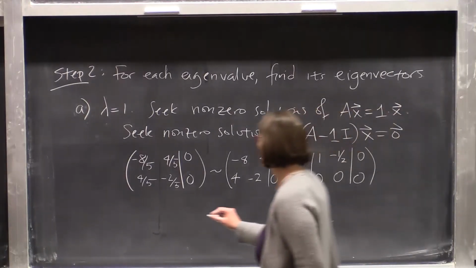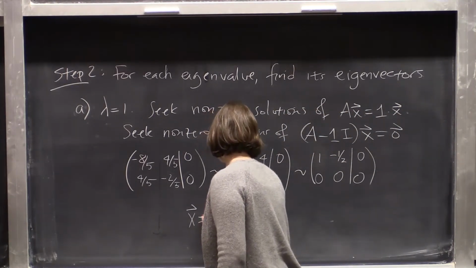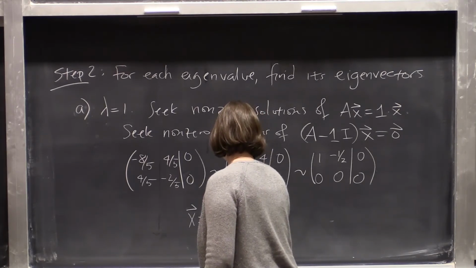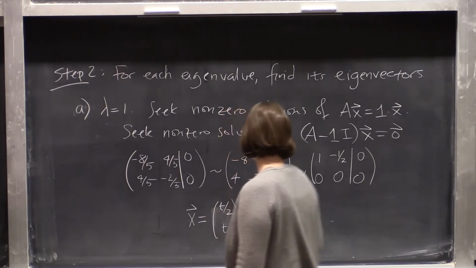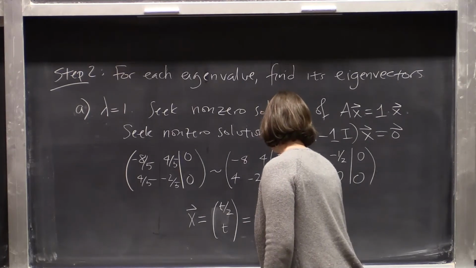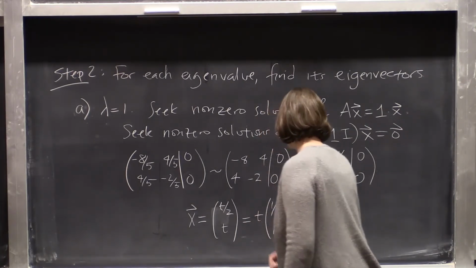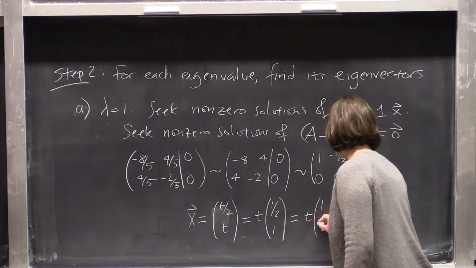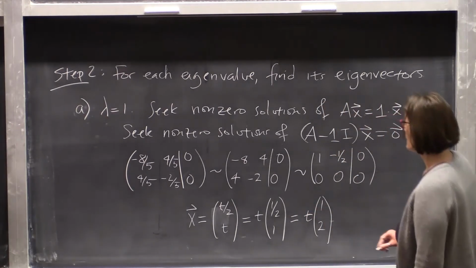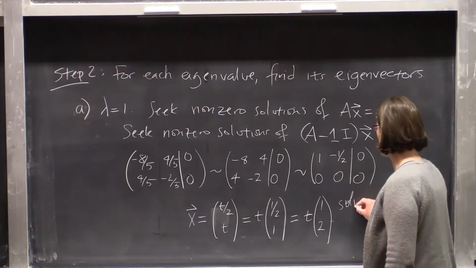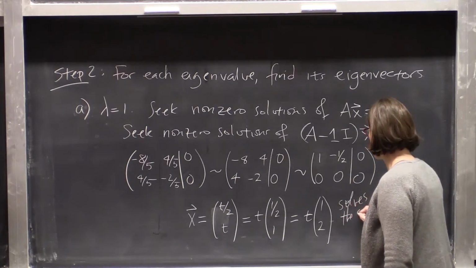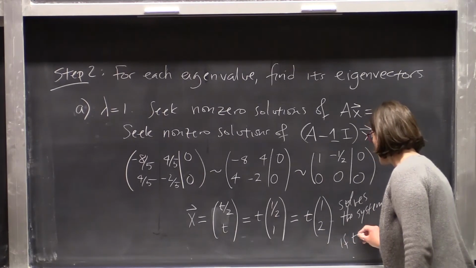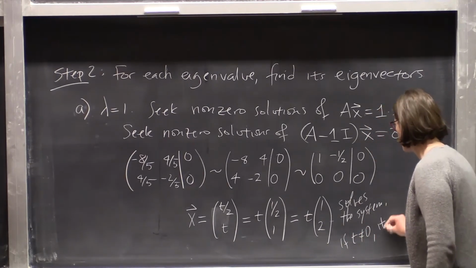So this gets me that x is (t, 2t), which is t times (1, 2), solves the system. If t is non-zero, it's an eigenvector.